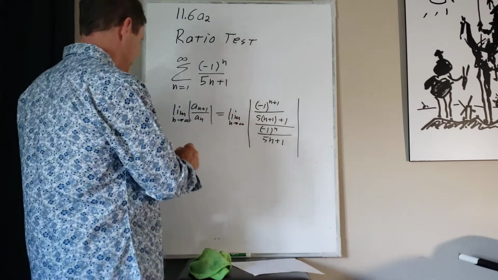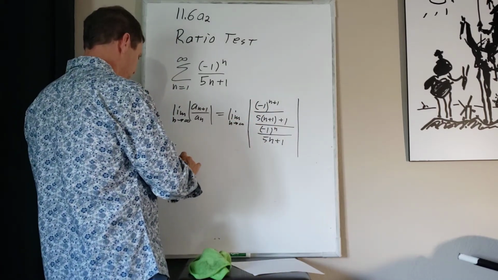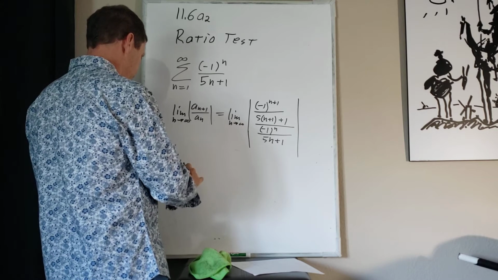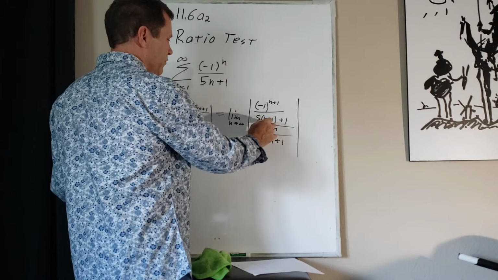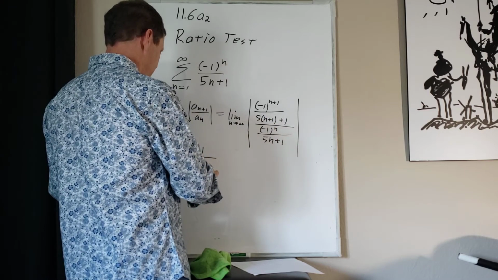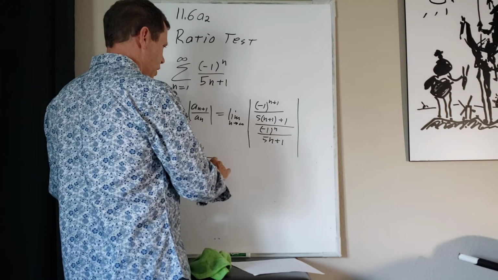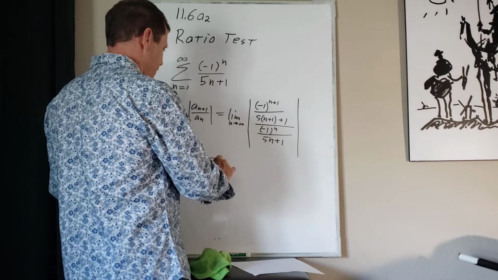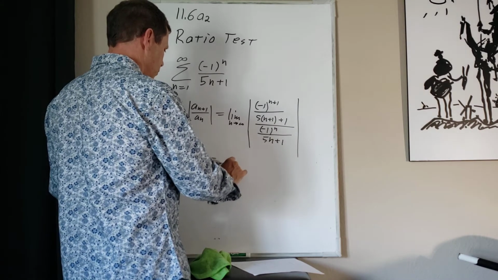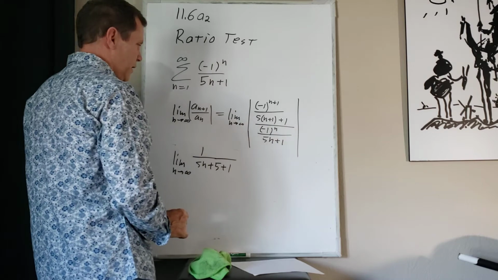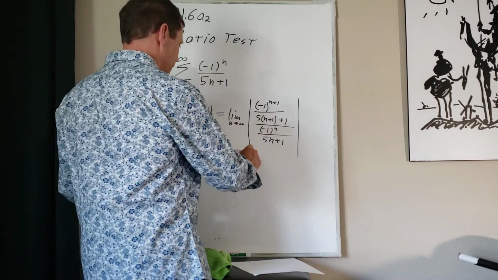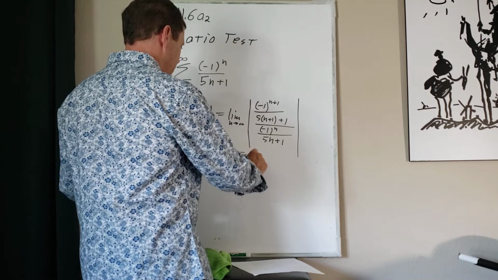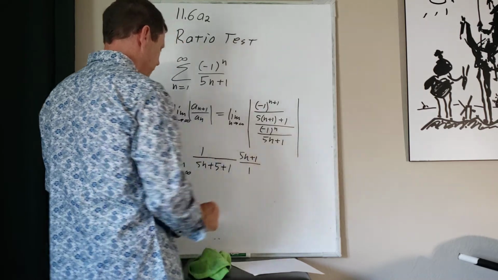Those will just be 1s. So this is going to be the limit as n goes to infinity of 1 over, I'm going to multiply this out, that's going to be 5n plus 5 plus 1. And then this is going to just be 1, and I'm going to flip that guy, so that's going to be 5n plus 1 over 1.